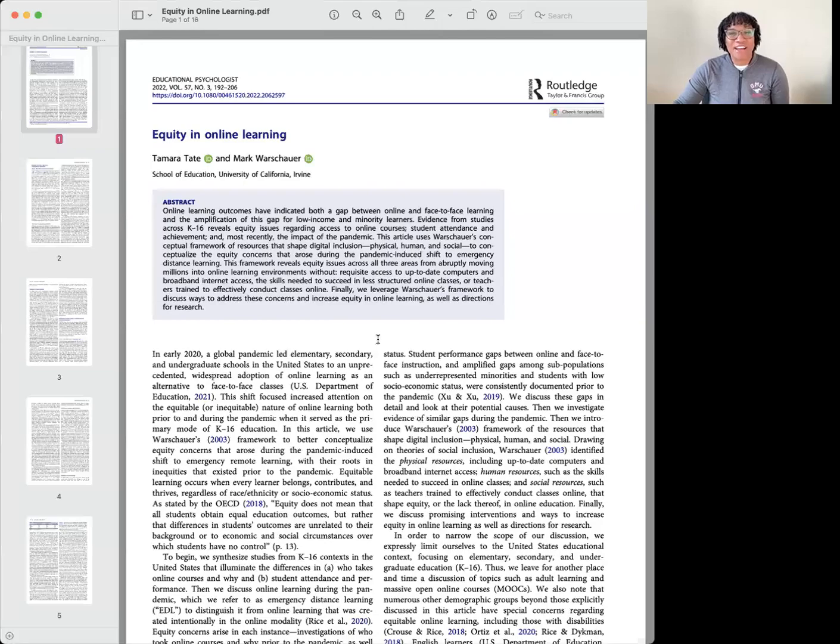All right, here goes. When you look at this document, it probably looks a lot like what you've researched and pulled up based on your topic. We're looking at an article entitled Equity in Online Learning. The first thing you want to do is make sure that you understand what the title is communicating.